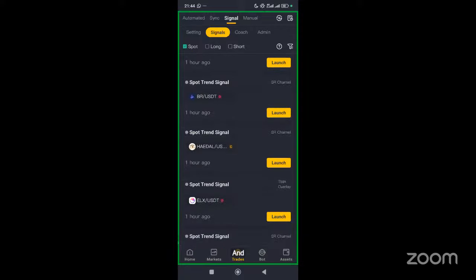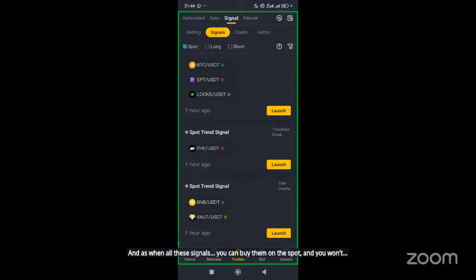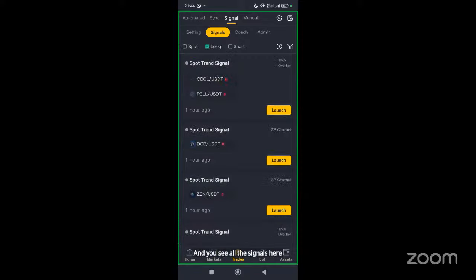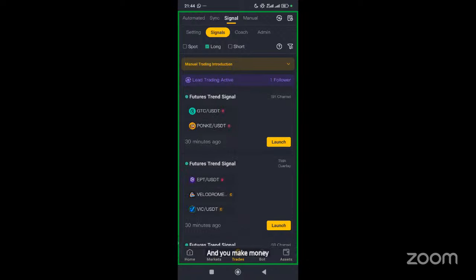These signals mean that you can buy them on spot, and you also check the spot. All the signals here will be long signals or long trades, and you can trade them on long and you will make money. On futures, you can also trade the short signals.